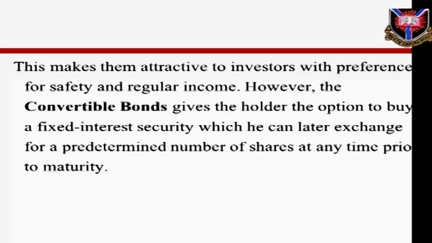However, the convertible bond gives the holder the option to buy a fixed interest security which he can later exchange for a predetermined number of shares at any time prior to maturity.